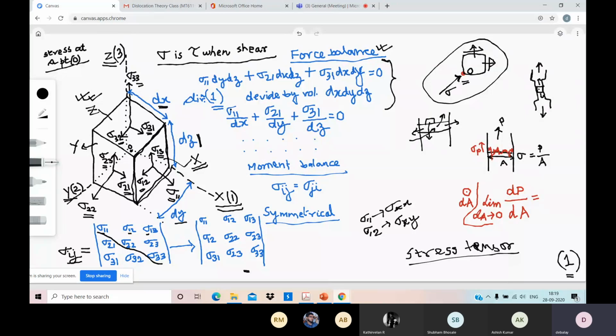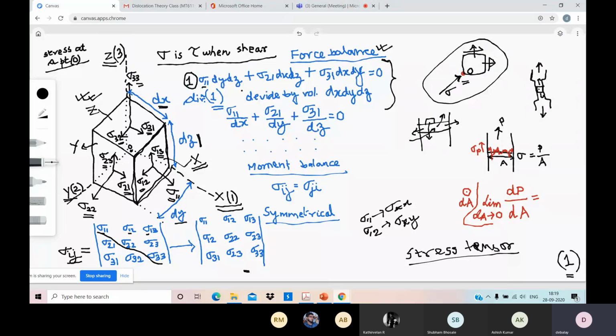So now if we try to do the force balance, what will be the expression? Suppose I am considering direction 1 or x. Along direction 1, what expression are we going to get? Sigma 1 1 is acting on the x plane.